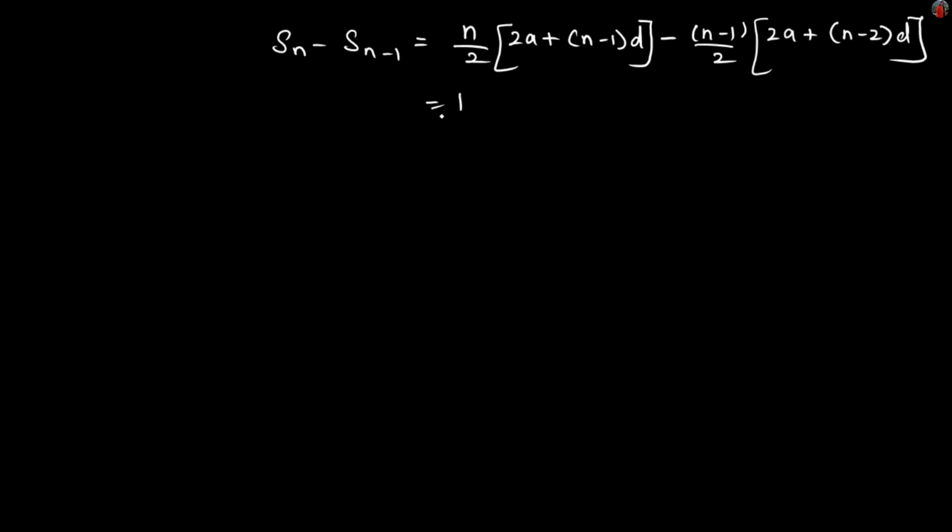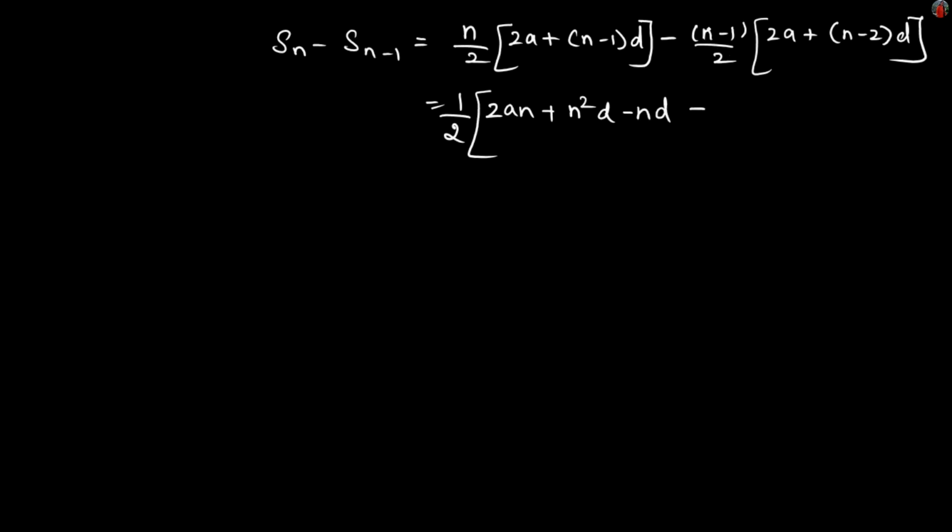So 1 by 2 is common for both. Now first we will multiply with n. So 2a into n is 2an plus we have n into d, nd. If you multiply with n again, you will get n square d. Minus 1 into d is minus d. If you multiply with n, you will get minus nd.